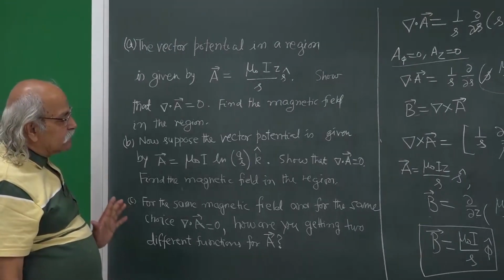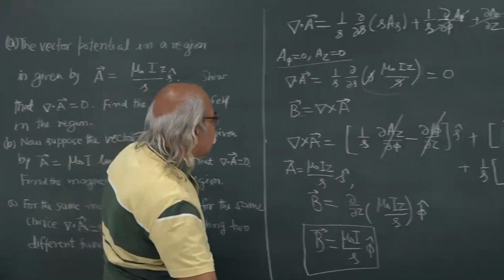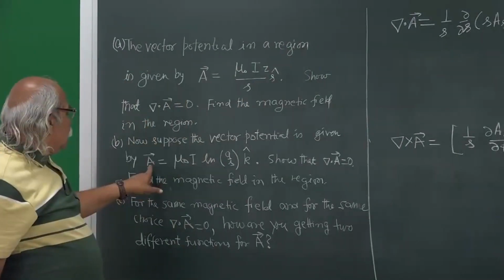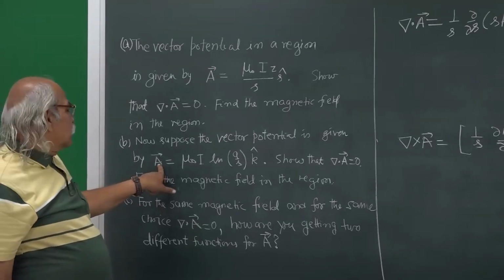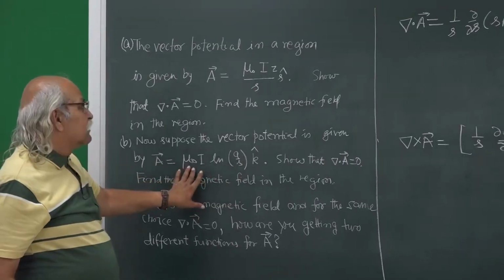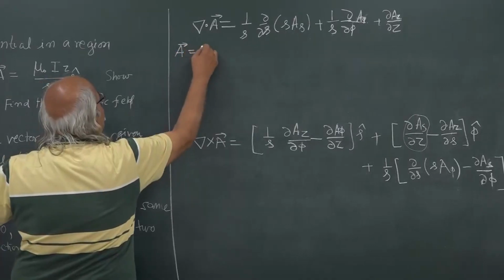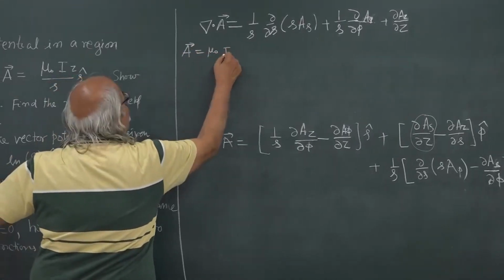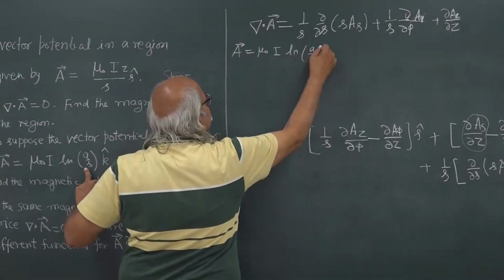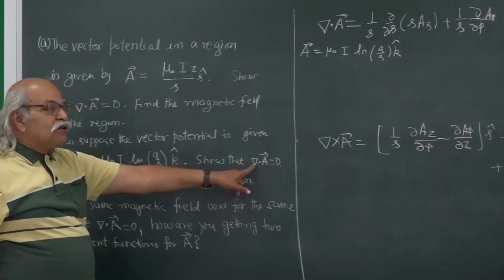So, I will erase certain things and I will retain certain things. I will erase this. So, now vector A is given as mu naught I log of A by S in the k cap direction. So, A vector is now given as mu naught I ln A by S and k cap, and then the question is, show that divergence of A is 0.